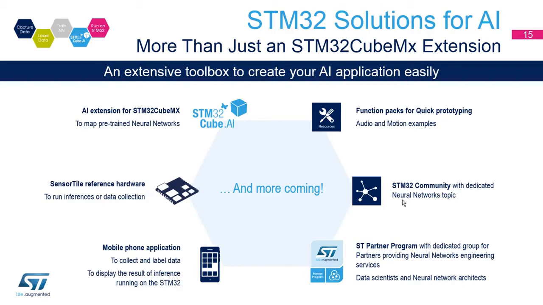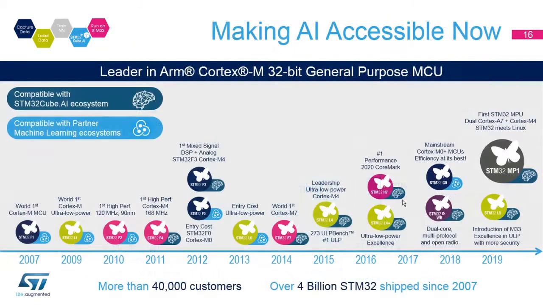Function packs, which are complete applications at the full demo level. And the community and the ST partners that we are working with to reference more and more people working on artificial intelligence. The goal is to build a complete community around the STM32 for AI.